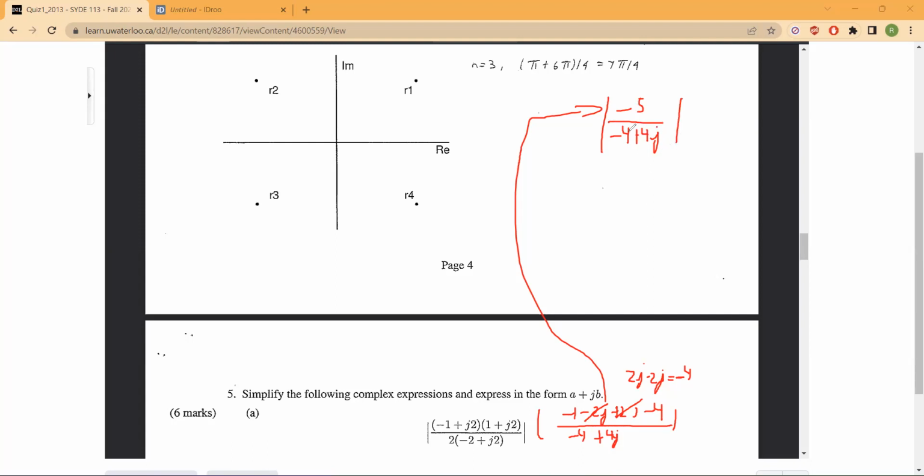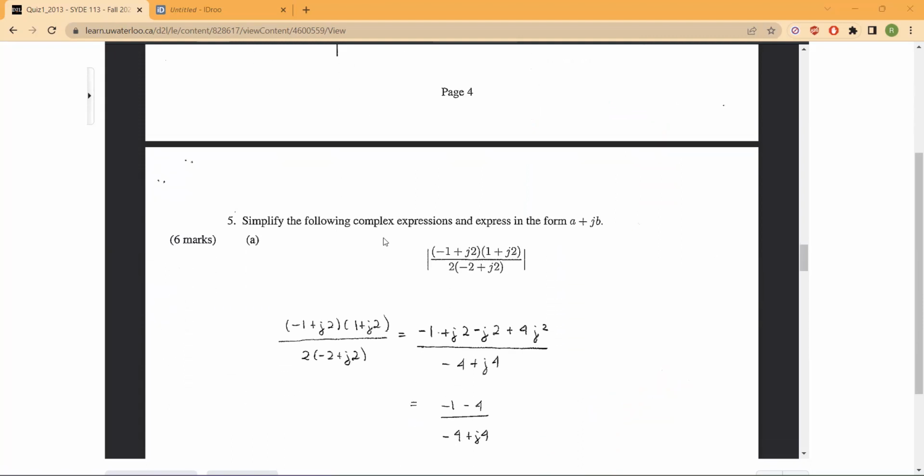We can factor out the negative, so it becomes 5 over 4 minus 4j, absolute value of that. The negative disappears because of the absolute value. Then I'm going to split up this fraction: 5 over 4 minus 5 over 4j. And there you go. We simplified it and left it in the form we require, which is a plus jb. Yay. Okay, let's move on.